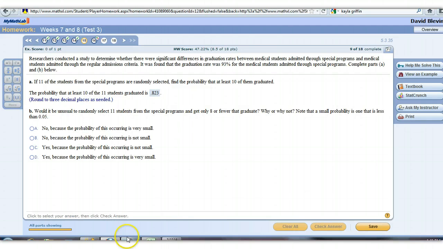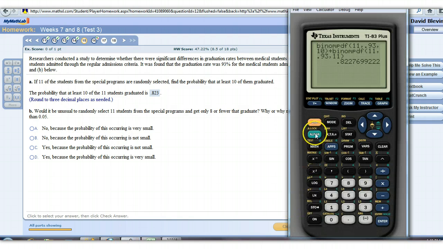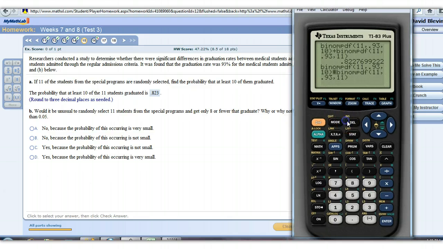Now you could have done it separately. Like I could have, for instance, found the binomial PDF for 10, and then gone back and found the binomial PDF for 11, and then added those two numbers together.